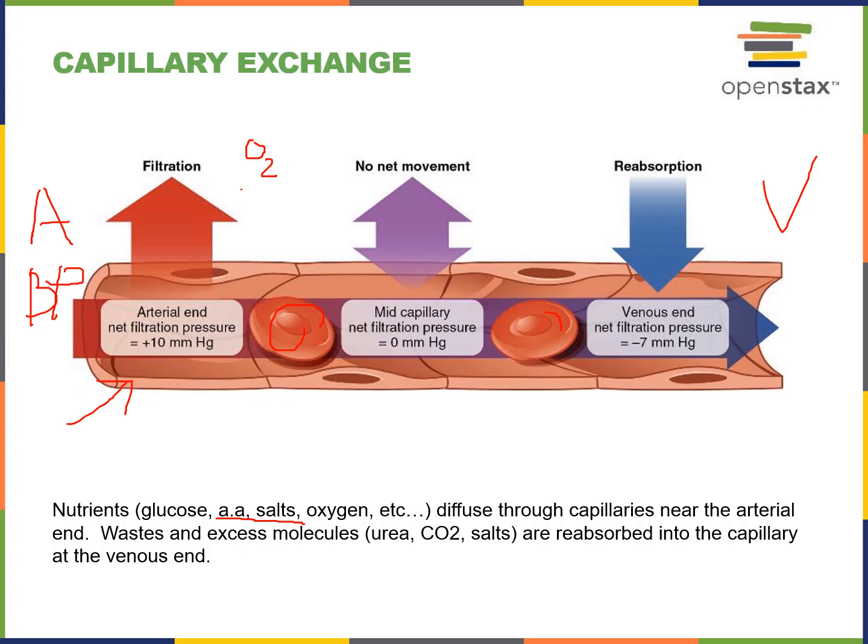White blood cells are also present, even though they're not shown. Platelets are present. They do not move, in a healthy individual. So water also leaves, because remember, plasma has a very large component that is water.